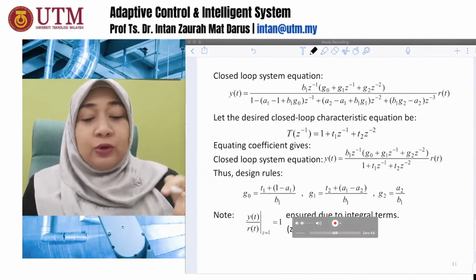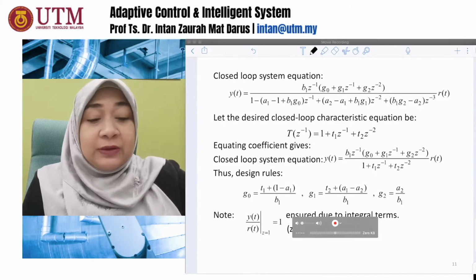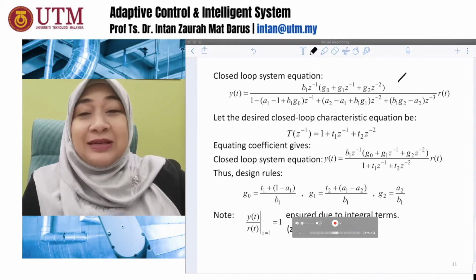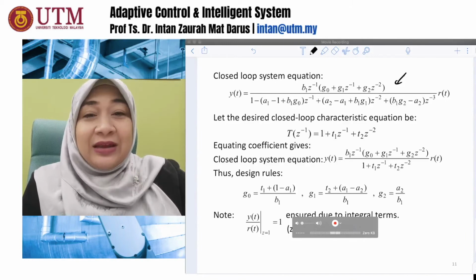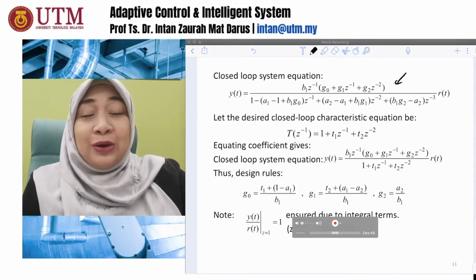All right, if you look at your closed loop system equation, I already have it summarized here, but how I get that is by just doing the closed loop. So let's have a look at how we do it.